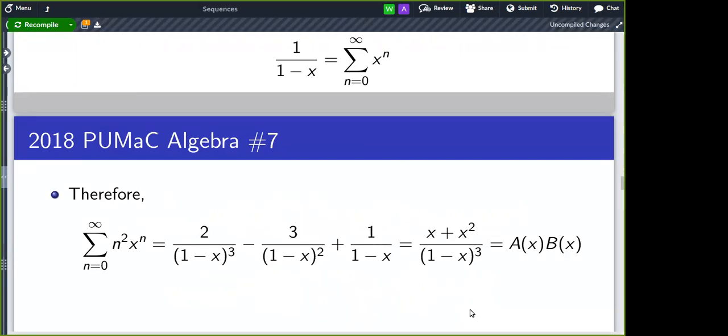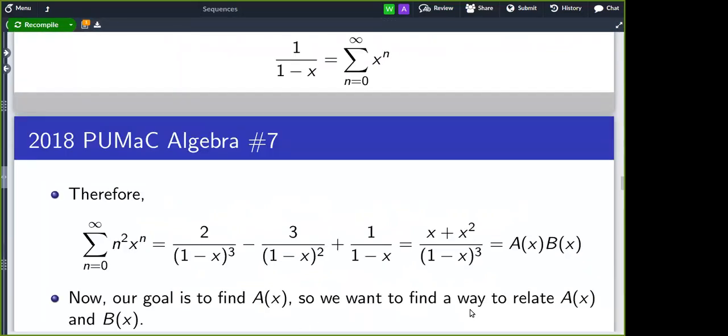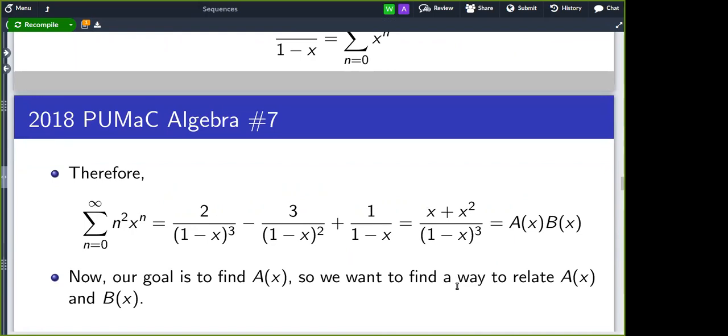And now the final goal is to find what a of x is. So we have what a of x times b of x is. So we want to relate a of x to b of x. Does anyone know how to do that, given the definition of b that we created?